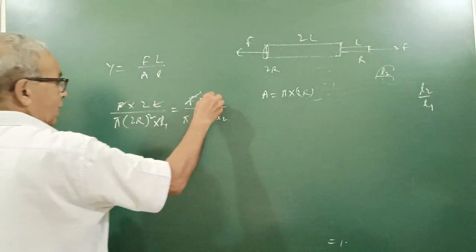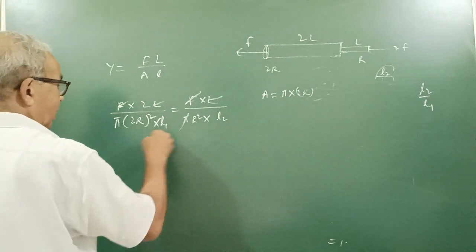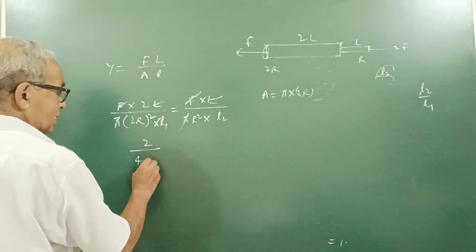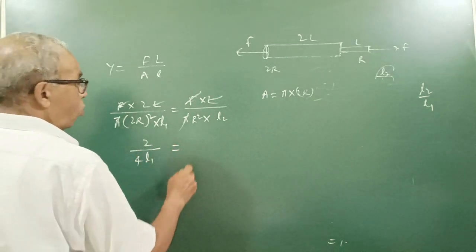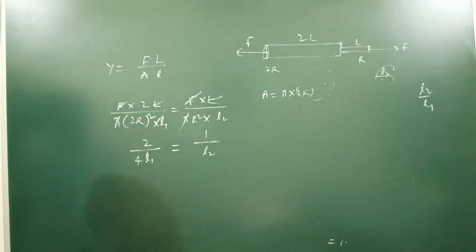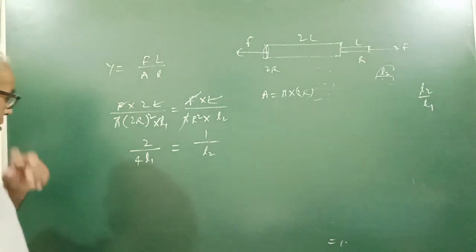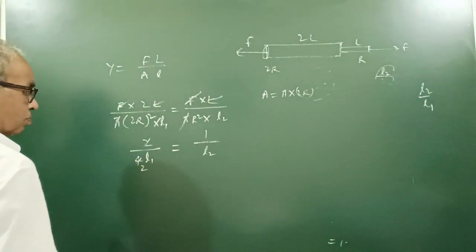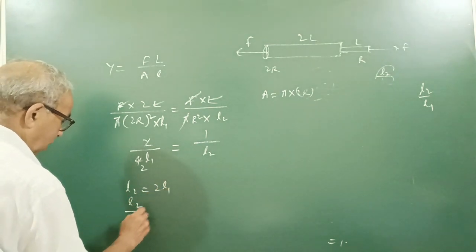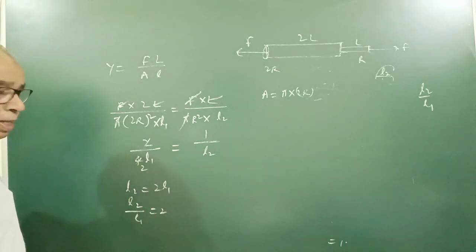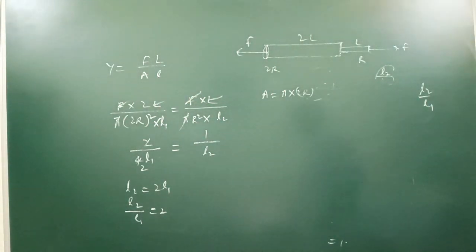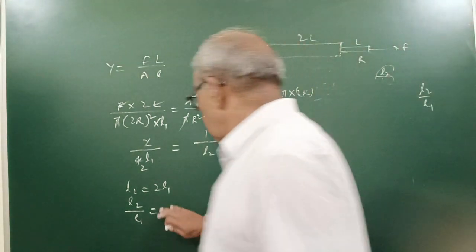F cancels, L cancels, pi cancels, r square cancels. So 2 upon 4 L1 is equal to 1 upon L2, so L2 is equal to 2L1. So L2 upon L1 is equal to 2. Simple answer, so we get the answer as 2.